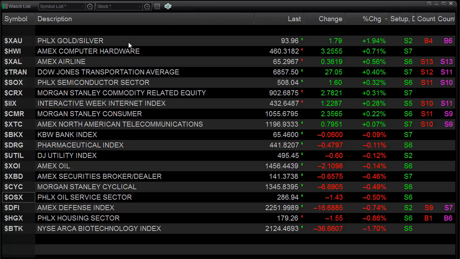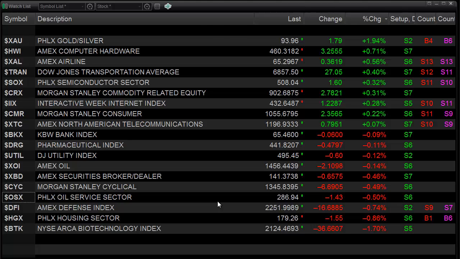All right, so looking at the sectors ranked from best to worst, the best sector on the day was the XAU. Computer hardware was a good performer, definitely helped by Apple. We're going to hear from VMware after the close, so we can see some more action in that average tomorrow. Transports had a nice day in light of a lower Dow on the day, so that's a definite positive for the bulls. When you look at the transports, the next thing you want to look at at this point is the oil services. Oil services were not great. They definitely underperformed the market today.